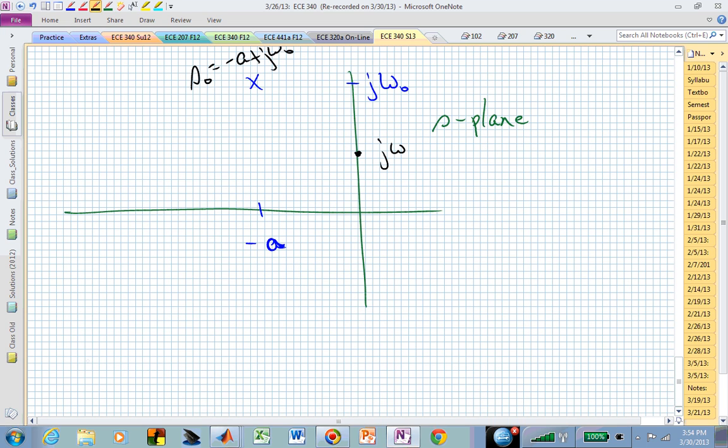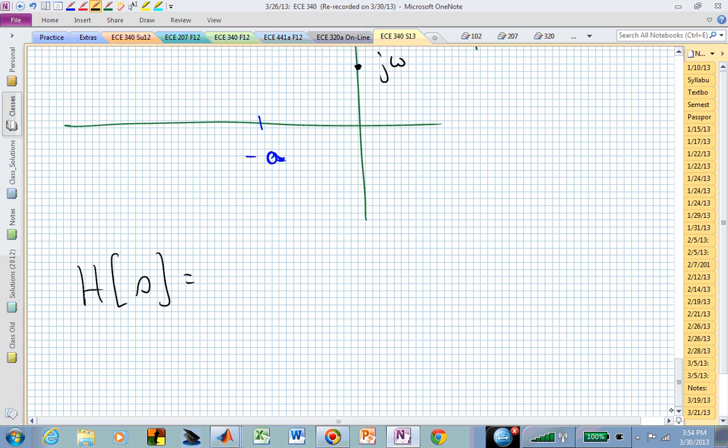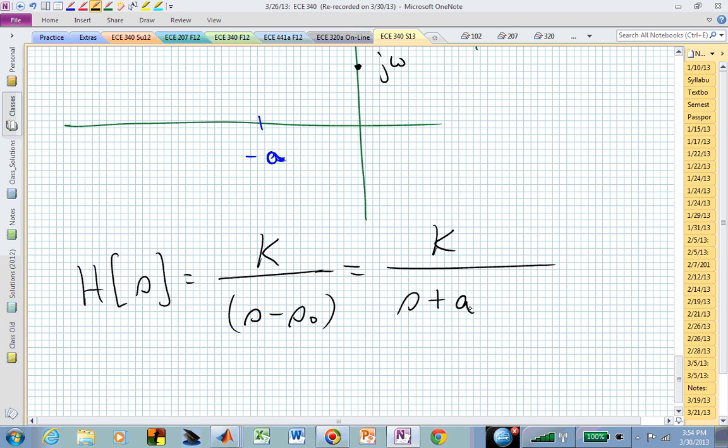Here is our transfer function of the system. We have this H of S. We are assuming that we only have the one complex pole, and that's now going to be at S minus the pole location, so we have S plus A minus J omega naught.